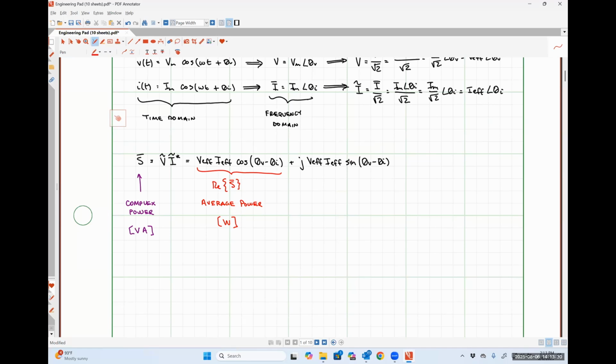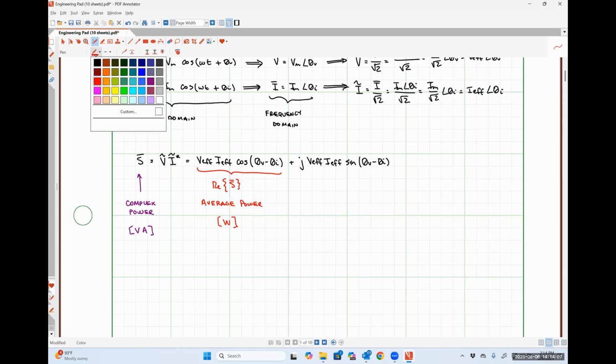Average power represents the portion of complex power that is capable of performing work. Another way to think about it is it's the part of complex power that is associated with resistance. So this is the part that actually gets consumed or converted into heat by any physical system.